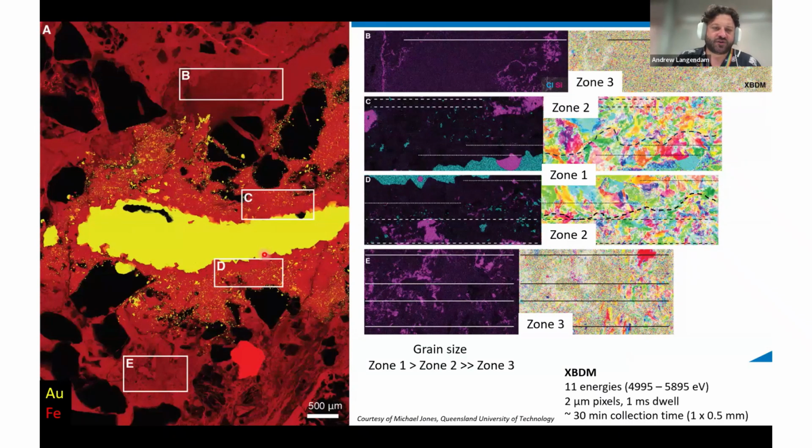And there were some very interesting textures around the nugget where you had the nugget, you had a very low zone of gold here, and then you had this precipitate zone around it. And so to understand this, it was key to try and understand orientation because we were looking at a very strongly oriented mineral. And we wanted to understand if the iron chemistry was affecting the gold deposition.